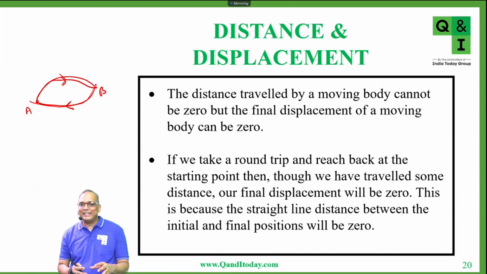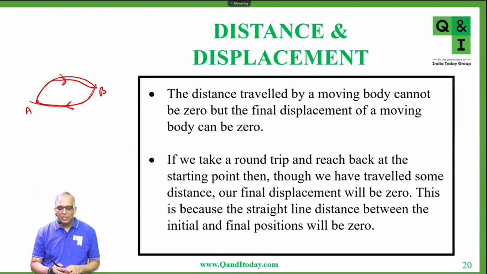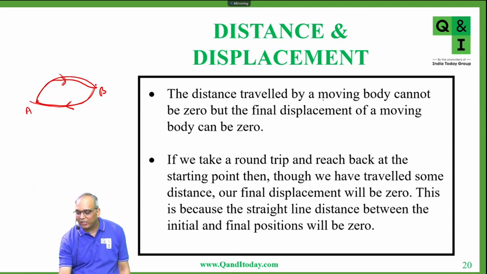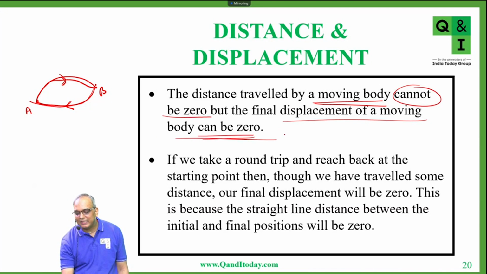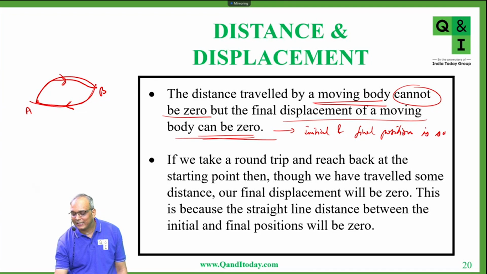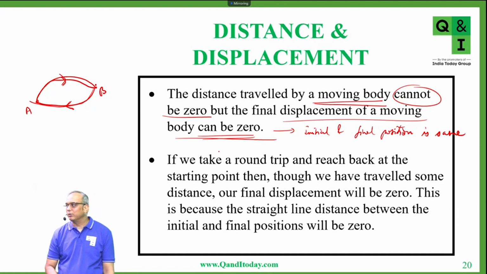So in that case, the displacement will become zero. Whenever a body is moving, distance cannot be zero, but the final displacement of a moving body can be zero when initial and final position is the same.